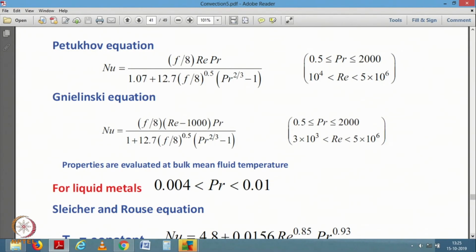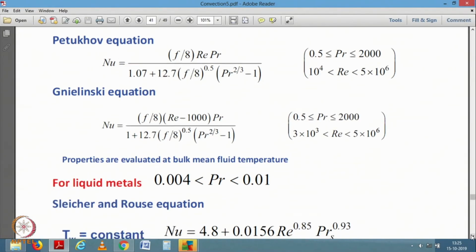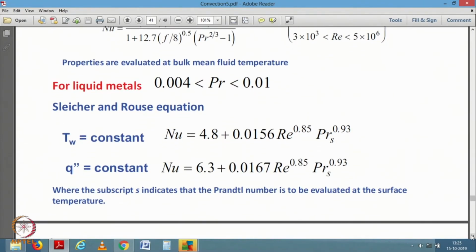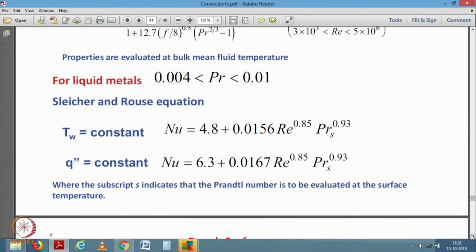If you are talking of liquid metals whose Prandtl number is very small, less than 0.01, you have two correlations here for constant wall heat flux and constant wall temperature case. Nusselt number is obviously greater for constant wall heat flux case, and Pr subscript s is there, where s denotes that the Prandtl number needs to be evaluated at the surface or the wall temperature.